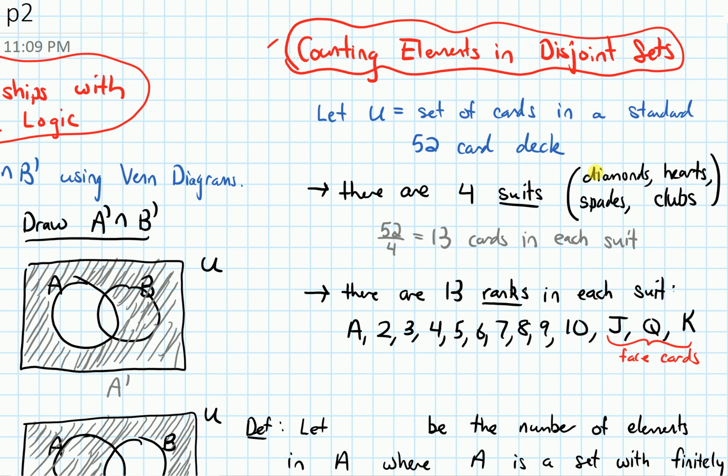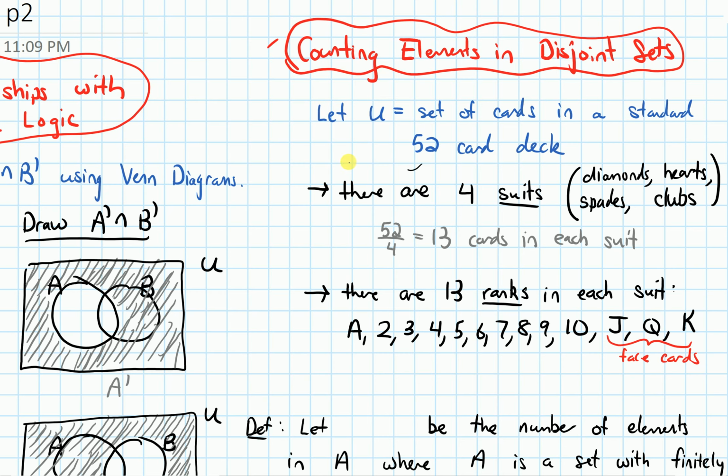So each of these 4 suits has these 13 ranks. So for example, among the diamonds, you would see an ace of diamonds, a 2 of diamonds, a 3 of diamonds, and so on, up until a queen of diamonds and a king of diamonds. Alrighty, and that's true for all of these 4 suits.